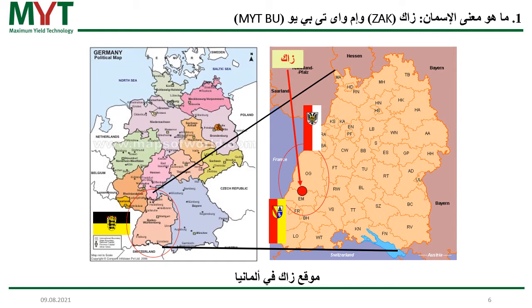So we have a cross-border agreement, and it is a cross-border cooperation. When it's needed, Strasbourg can make use of the MYT facility in Ringsheim.